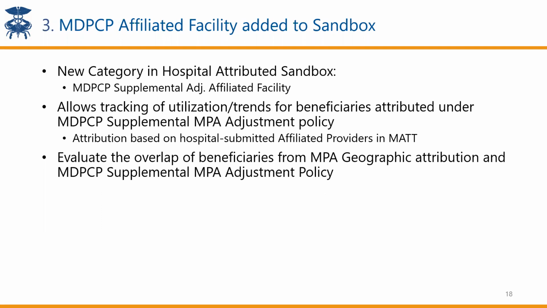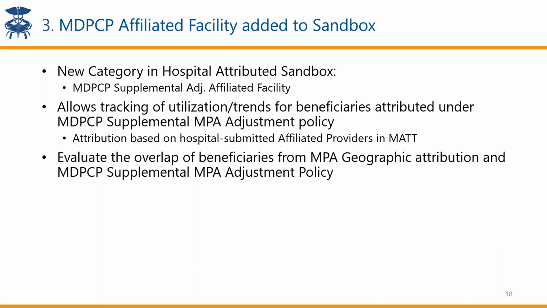The next change that we made is adding the MDPCP affiliated facility category to the hospital attributed sandbox. So you'll see this as a filterable option in the category section. And this allows for tracking of utilization and trends for beneficiaries attributed under the MDPCP supplemental MPA adjustment.